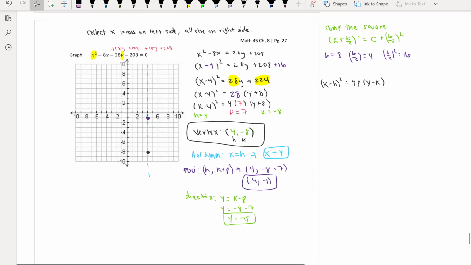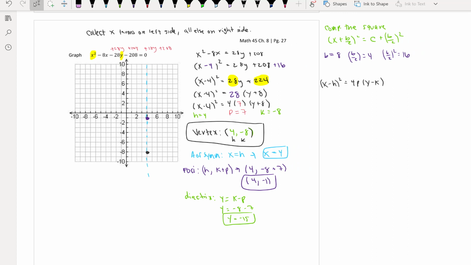And of course, the last thing that I need is going to be my endpoints. My endpoints are really important, and I'm going to make sure I write the equation right this time. So I have my h plus or minus 2p and then I have k plus p.